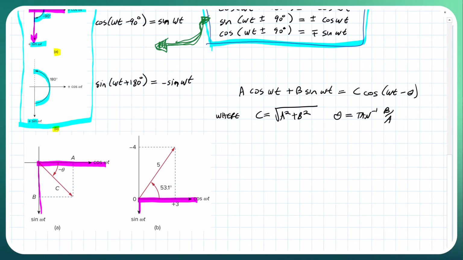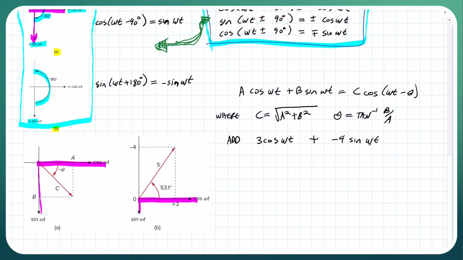Let's look at this example here, in the figures at the bottom left. We can add 3 cosine omega t and minus 4 sine omega t, and we can get the result.